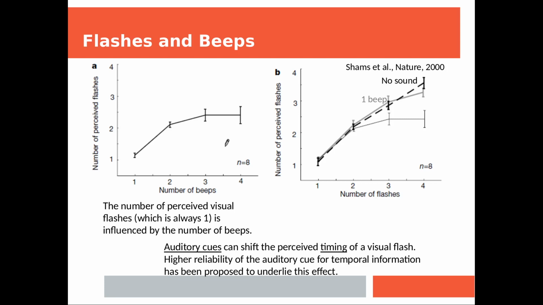Actually, it was exactly the same as the first time. It was just one disc, but the sound was beep beep, so it looked like the second time the disc blinked. At least it looks like it to me. Because of that, the sound can affect the perceived timing of a visual flash.